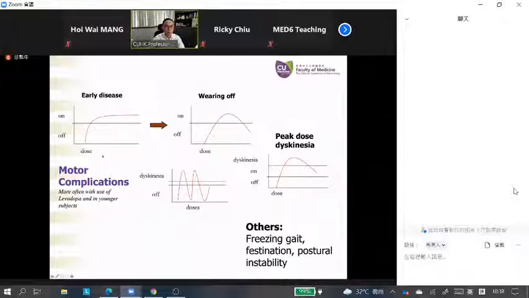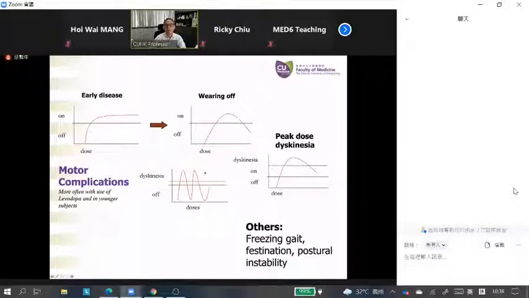Now, this is what I call the motor complications. In the first 3 to 5 years, even if you take levodopa BD, or twice or 3 times a day, the effect will be very smooth. There's no change throughout the day.